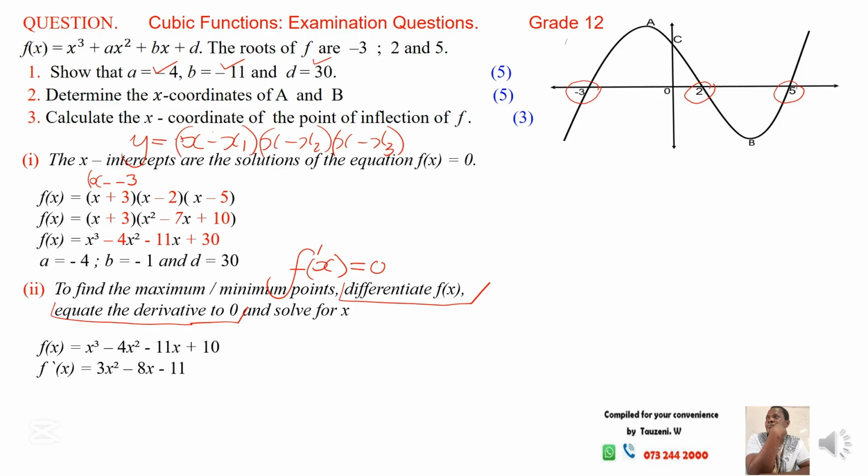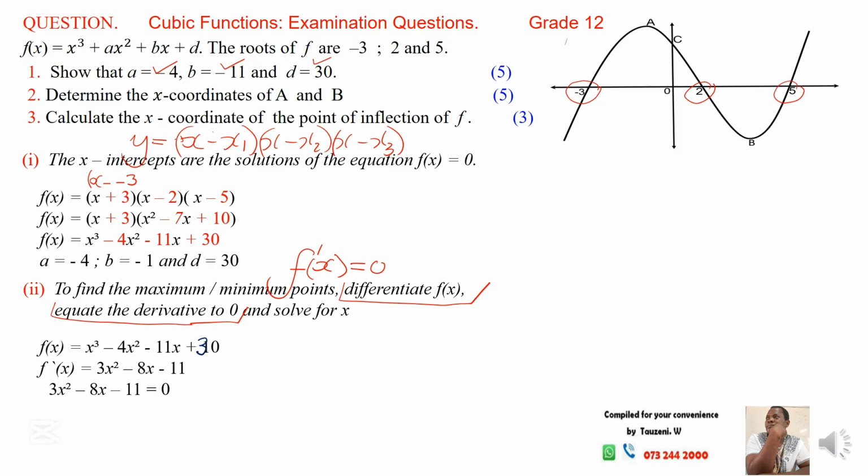f of x is equal to x cubed minus 4x squared minus 11x plus d. My d is equal to 30. Then in that expression, plus d, this is equal to 30. Then I differentiate. After differentiating, I equate the derivative to 0.